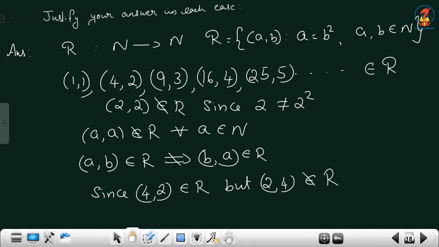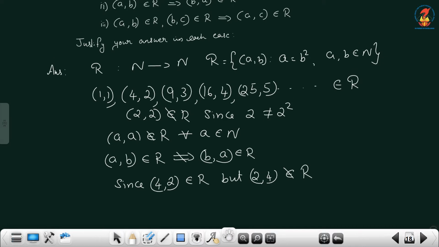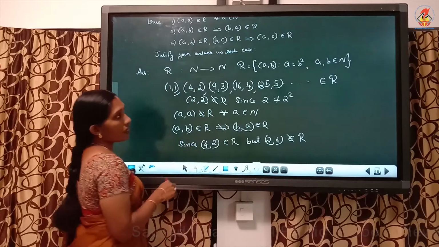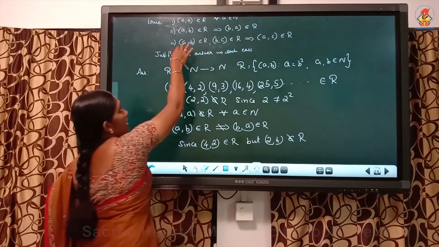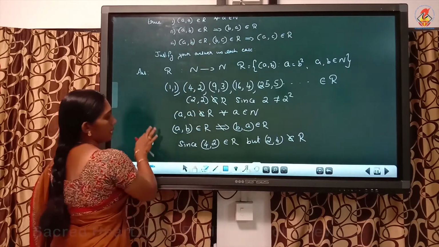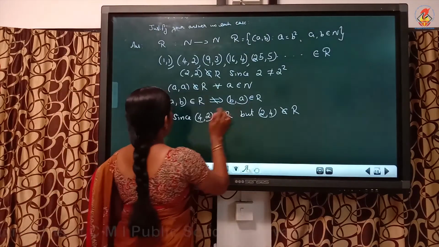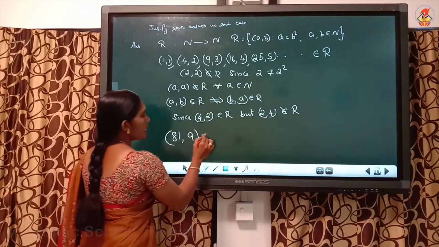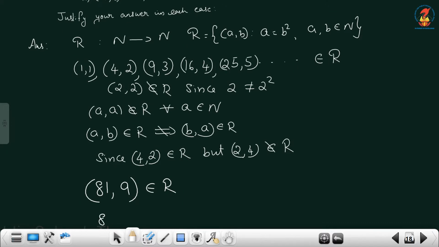Now, the third one is (a, b) and (b, c). In (a, b) the second element is b, and here the first element is b. If (a, b) and (b, c) are elements of R, then (a, c) is an element of R. So, you have to take such pairs (a, b) and (b, c). So look, (81, 9) is an element of R, since 81 is equal to 9 square.